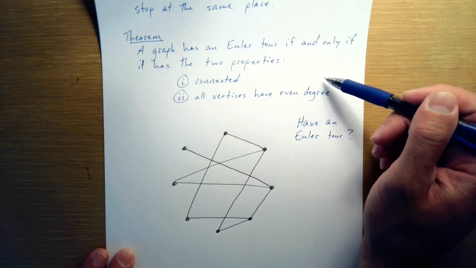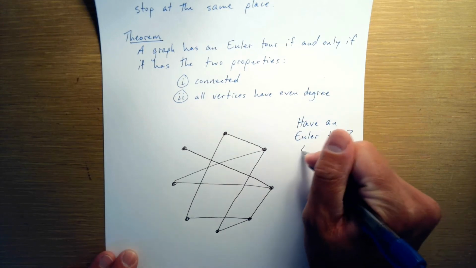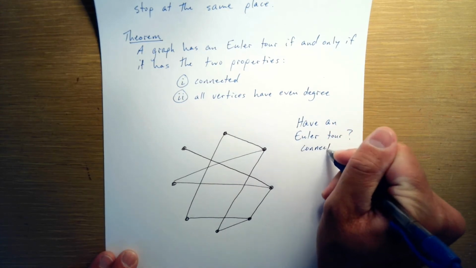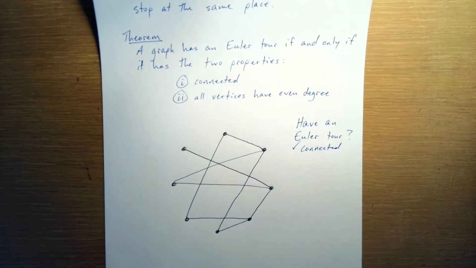We have to check if the graph is connected, and if you look hard enough at this graph, you'll notice that you can get from anywhere to anywhere, so yes, it is connected. So it passes that part of the test. Are all the vertices even degree? And we have to say no.